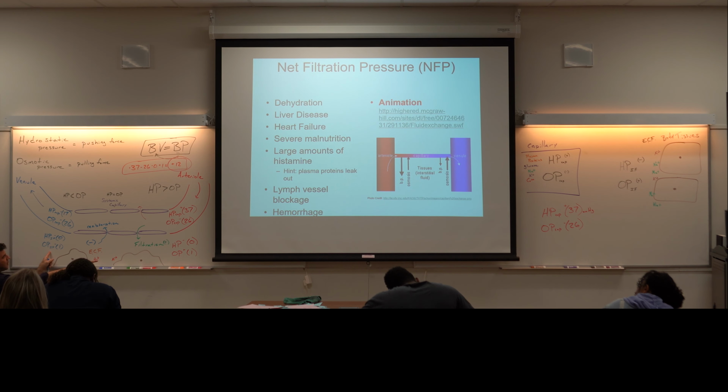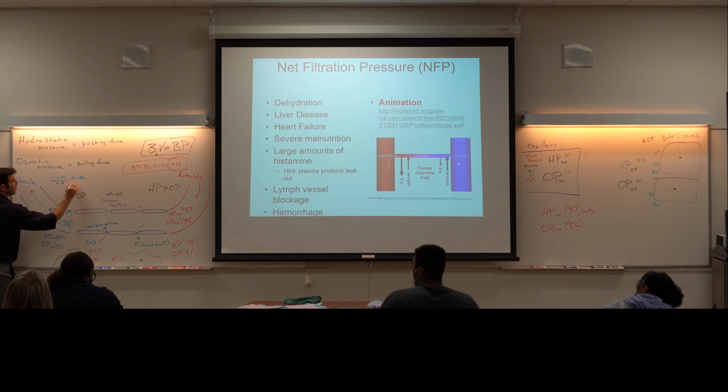Everything still matches, but we've got different numbers up here. So let's go up here. We now have a +1 and a +17, so a total of +18. And then the other numbers we have are a -0 and a -26.